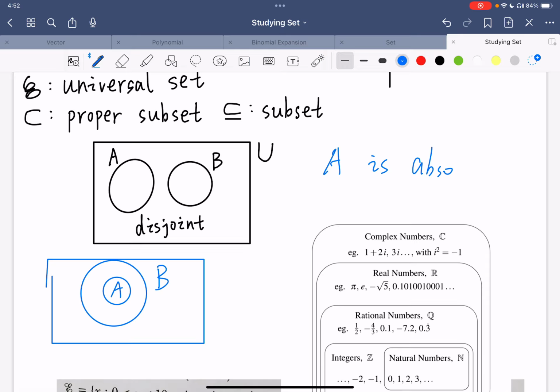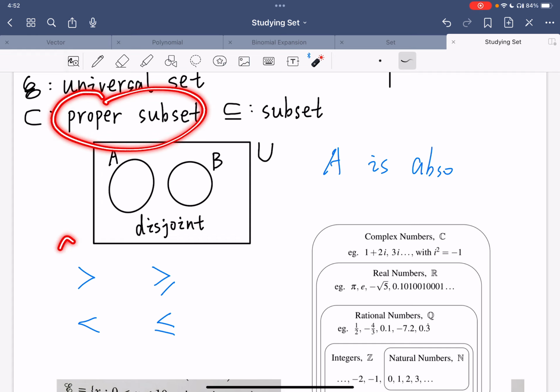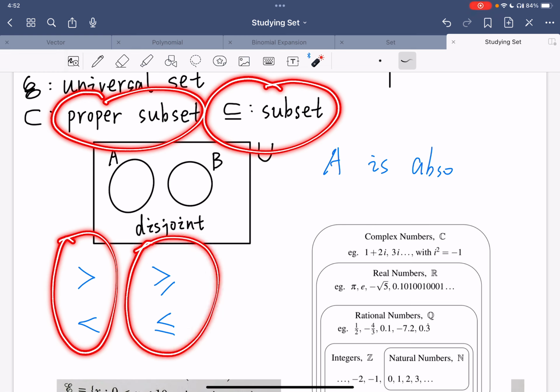Okay, so we can use another example to illustrate this theory. Bigger, bigger or equal to. Smaller, smaller or equal to. Okay, so we can draw a similarity between this and this, and this one and this one.